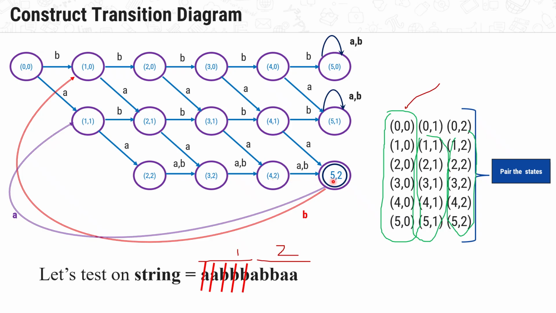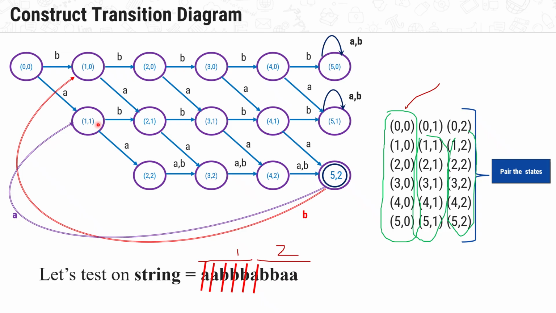We read it, because in the first window there are two A's, so it is accepted. Again you have to reset, because the second block of characters is being read, and that block is also of length 5. In this you should have at least two A's. The next input is A, which will go to 1 1. The first A is read.